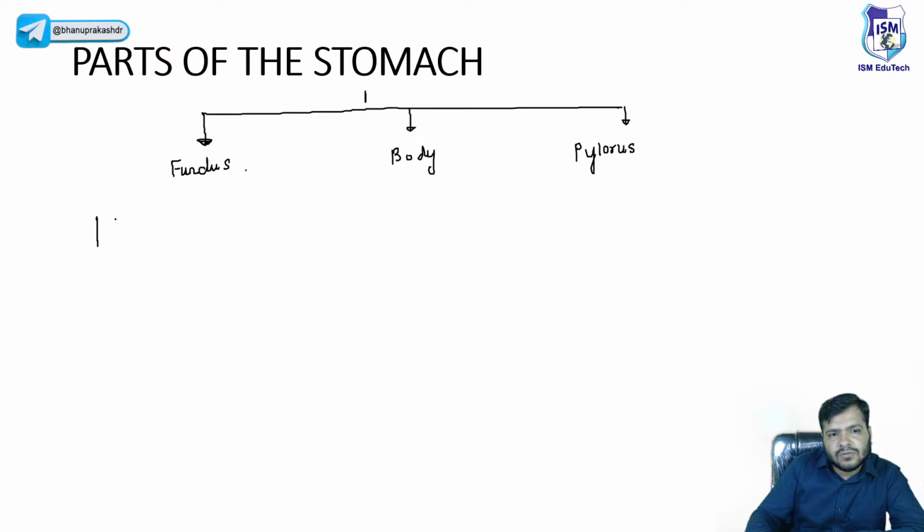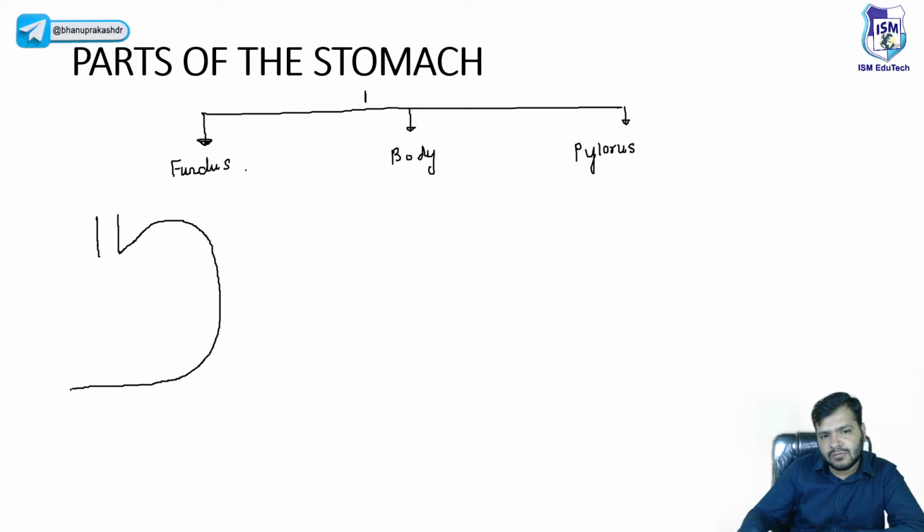So yes, you already know this is the lower end of the esophagus, and there is a notch in the greater curvature towards the beginning, and that is called the angular notch. We have the fundus part, the greater curvature, and the lesser curvature, right?